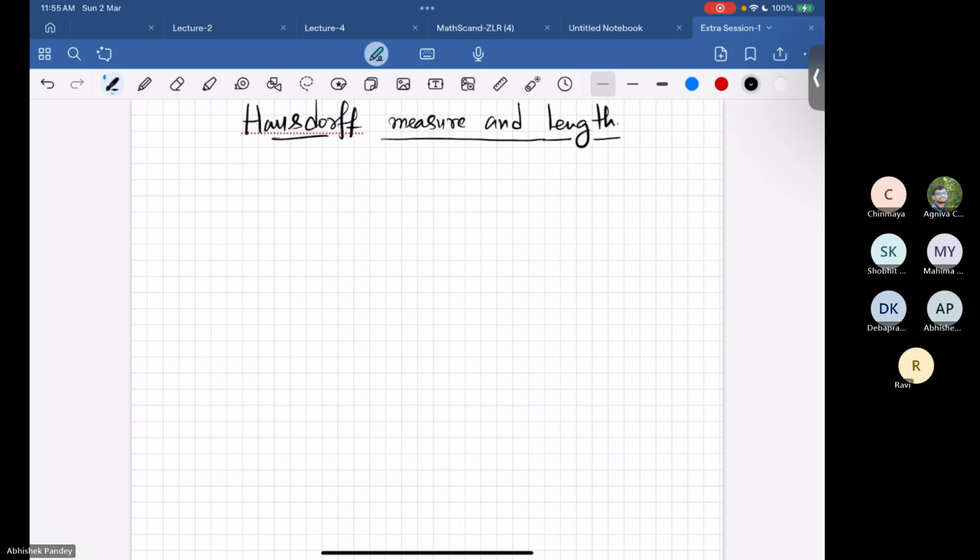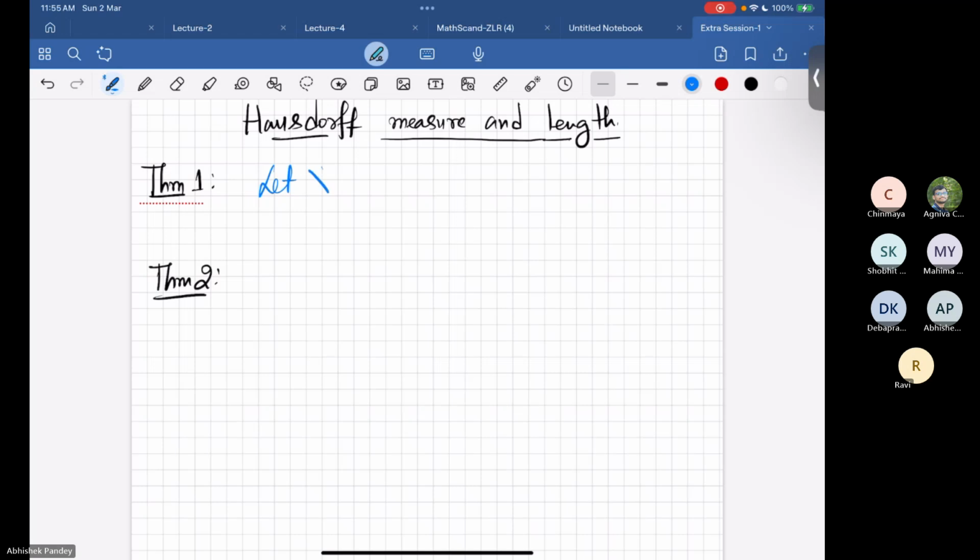Let me write it as a theorem. I will add two parts so that it would be easy to use. Theorem 1, theorem 2.